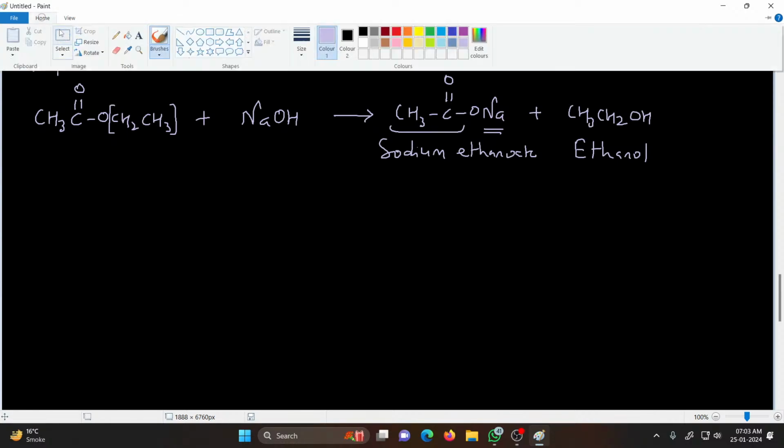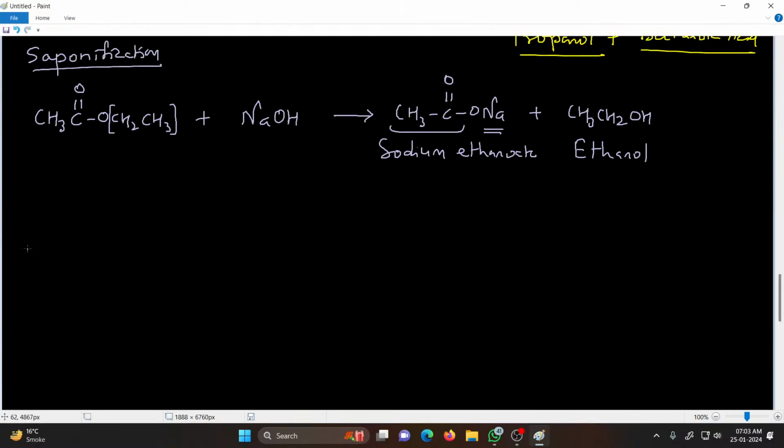Now there are two more simple reactions which are actually the characteristic reactions of acid, and one of them is the neutralization reaction. CH3COOH, we'll write the heading, neutralization.